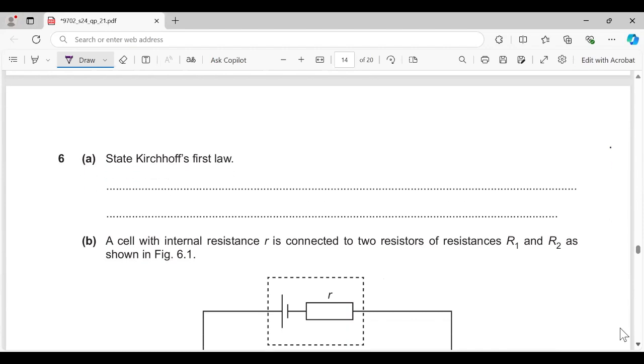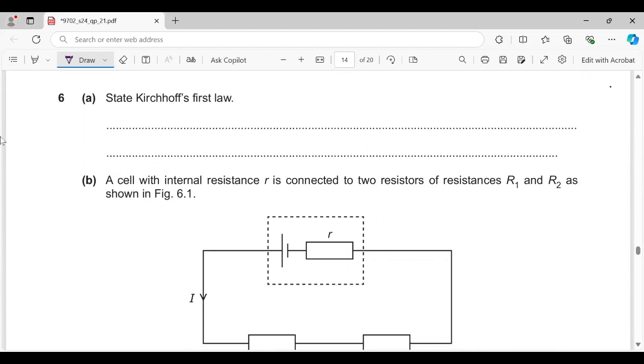And number 6, state Kirchhoff's first law.